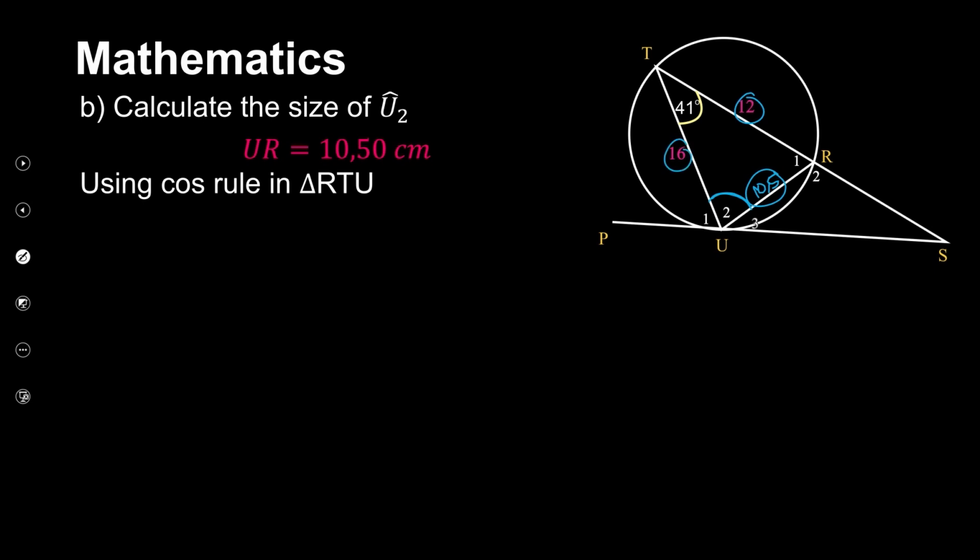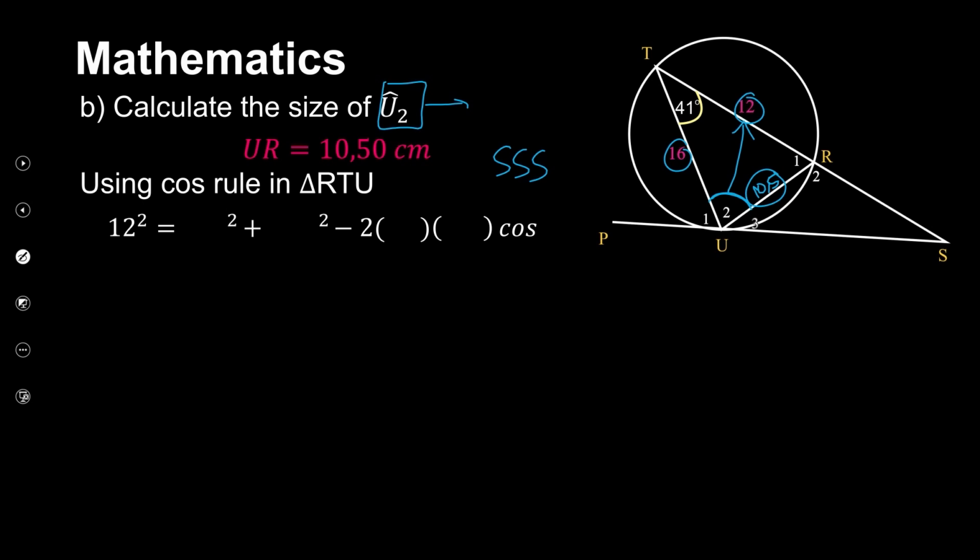So because we have side, side, side, we can use cos rule to find U2. And remember, because we're finding U2, we're going to start off our cos rule with the side that lies across from U2. And if you look at U2, the side that lies across from U2 is TR. So our expression is going to start off with TR squared. Okay, so we're going to write our cos rule out.